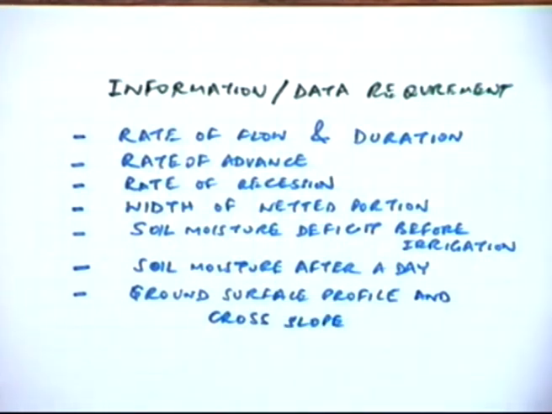In some cases, there might be a slight cross slope across the border length. You must know that slope, because then you can take account of what the impact of that slope will be.